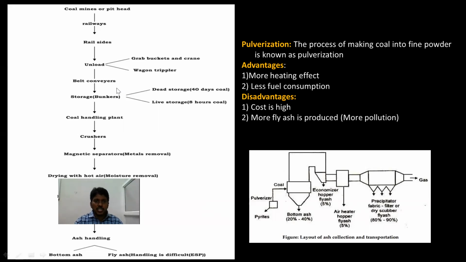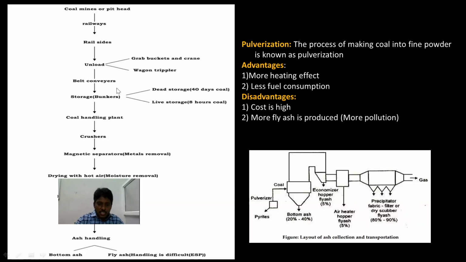There are two types of storage, called dead storage and live storage. Dead storage means the coal which comes after unloading and through belt conveyors comes directly to dead storage. We don't know what will happen in the next 10 or 20 days, like Corona, transportation may be stopped. As it is an emergency service to supply power, we always store coal for the next 40 days.